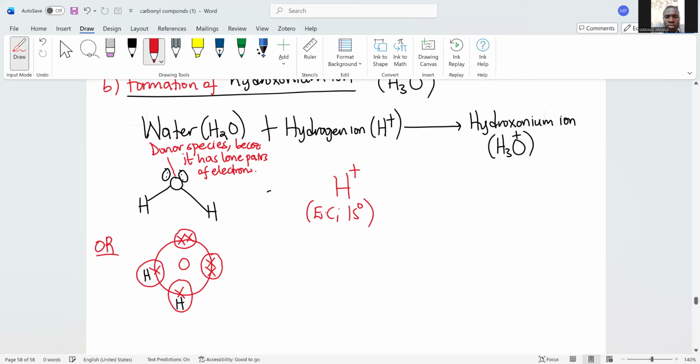So 1s0, meaning that this is an acceptor species. Acceptor species because it has empty space, or vacant orbitals. So what does this imply, colleagues?